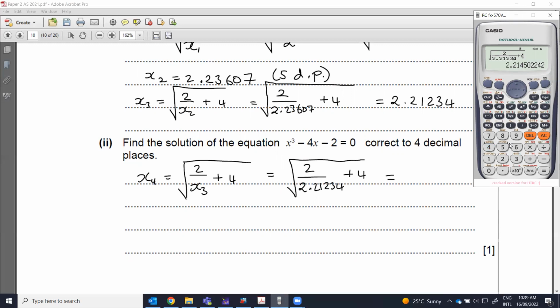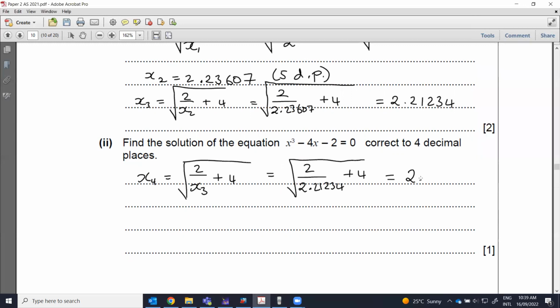Enter. Okay, so this is 2.2145, that is to 4 decimal places as required.